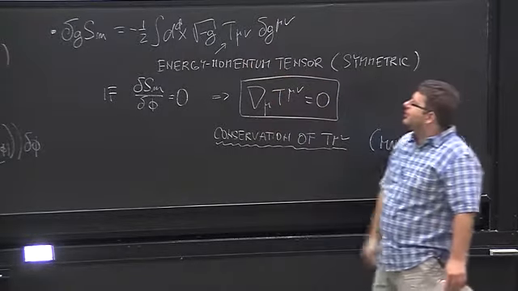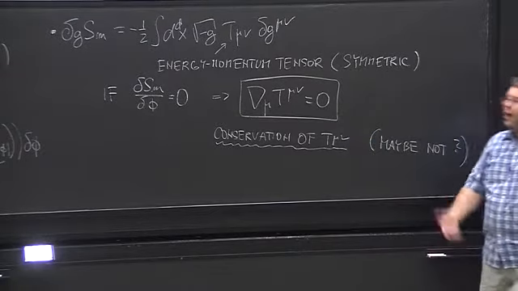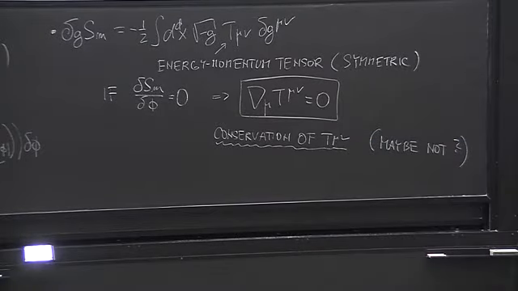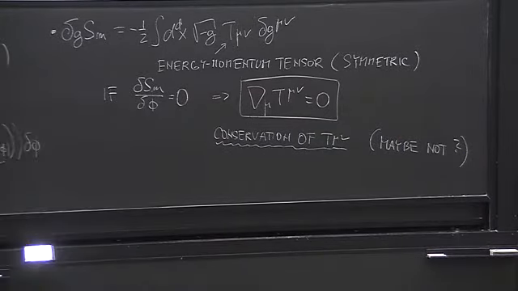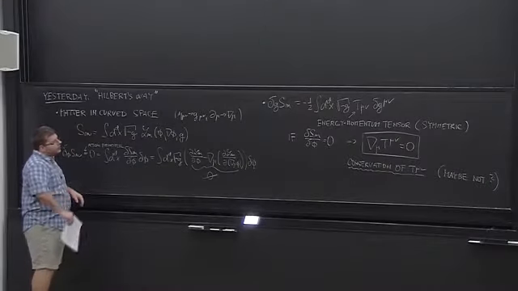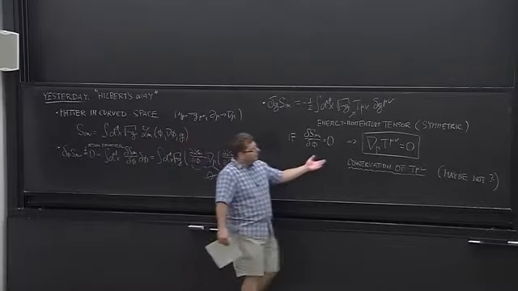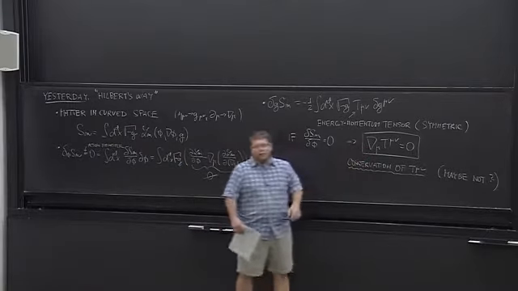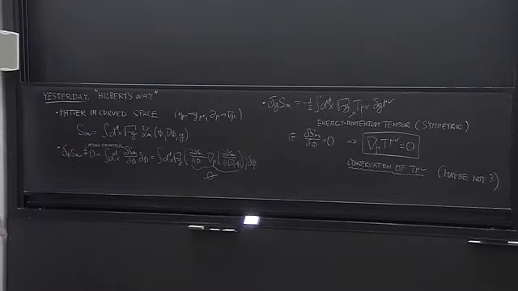That tensor is necessarily symmetric because my g mu nu is symmetric. And you call this tensor an energy momentum tensor. And the statement is, if the equations of motion for the matter are satisfied, so if this is 0, then this tensor will be conserved. People call this a conservation of the energy momentum.